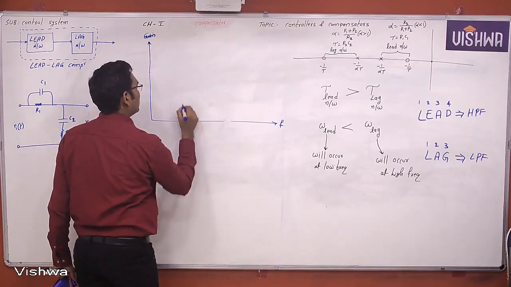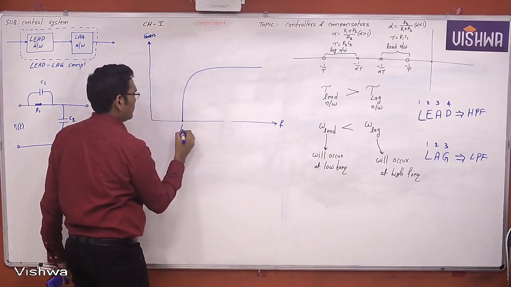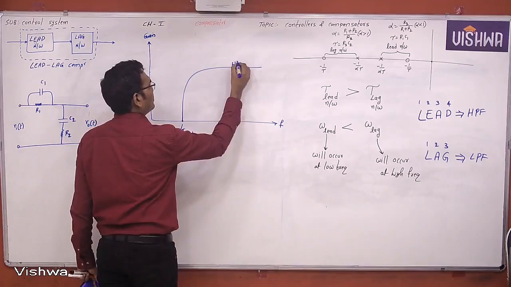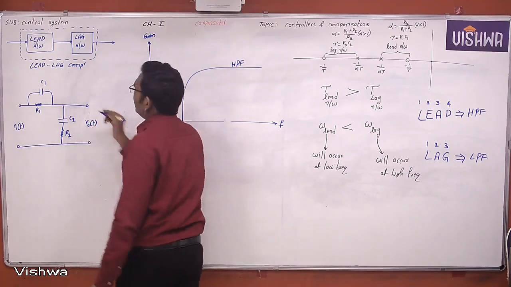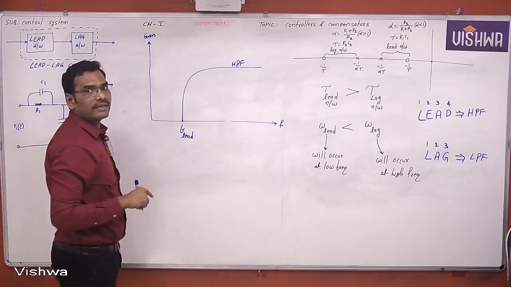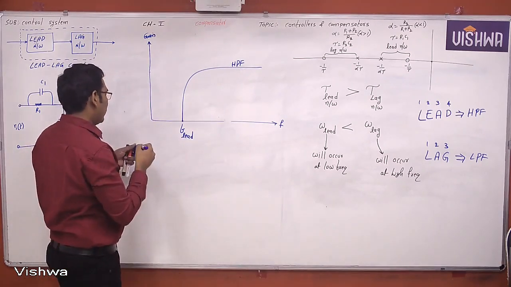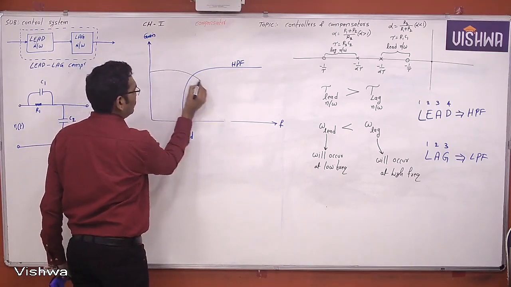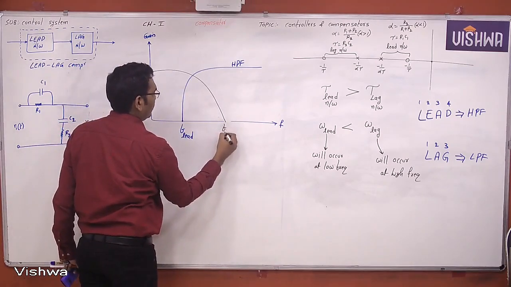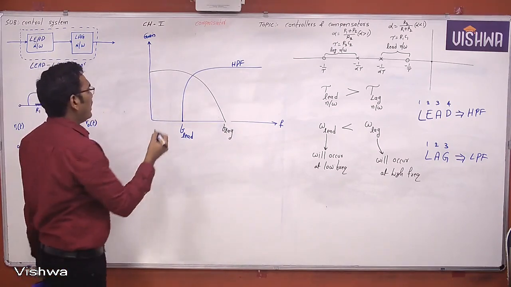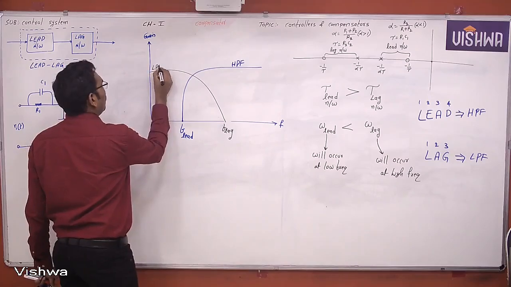High pass filter means from this particular frequency to high frequency, all frequencies greater than this. This is the high pass filter because the first network is the lead network. Now what is the next network? The second network is the lag network. The lag network will act as a low pass filter, from 0 to this particular frequency.